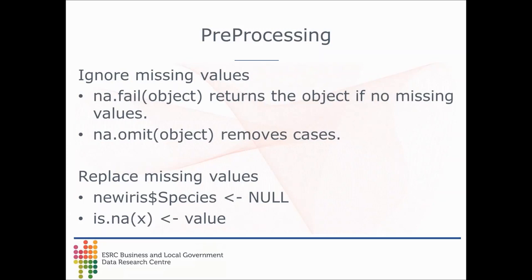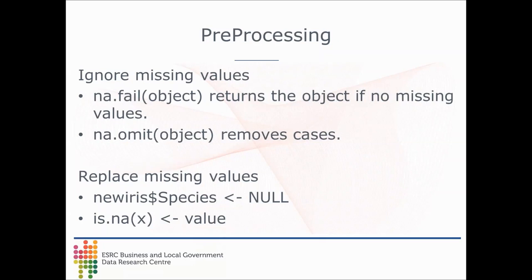But that may not be possible. For the missing data, we may just want to use a special null character or a null identifier, and there are a couple of ways of doing that.